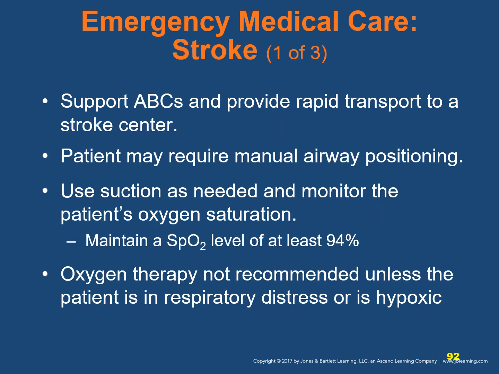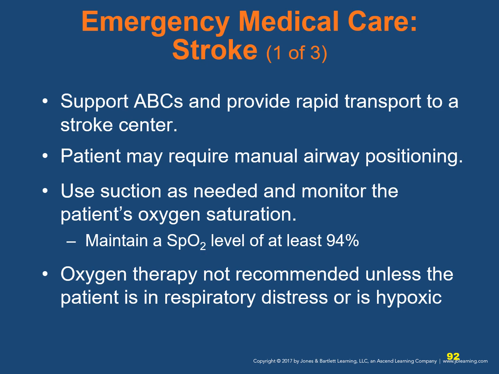With stroke, support ABCs and provide rapid transport to a stroke center. The patient may require manual airway positioning. Use suction as needed and monitor the patient's oxygen saturation with a pulse oximeter. Maintain an oxygen level, or SpO2 level, of at least 94%.